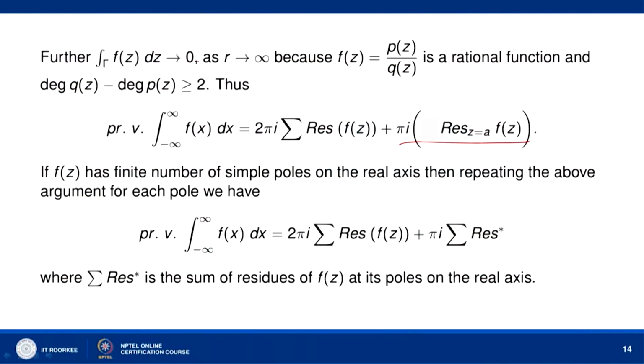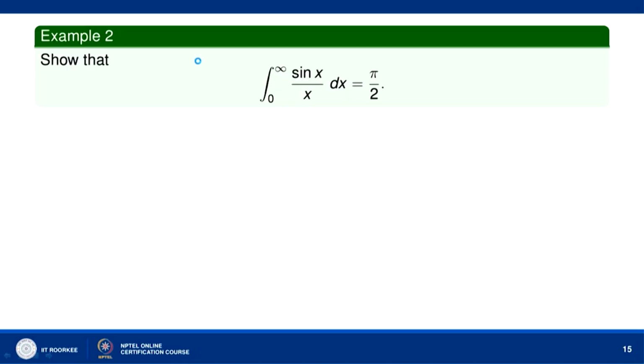But the other condition, that the integral over gamma of f(z) dz goes to 0, is not satisfied here. So, it is another example where we are going to find the Cauchy principal value, the integral of sin x over the interval 0 to infinity.